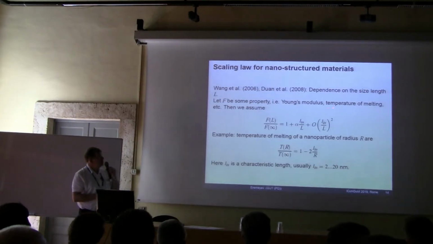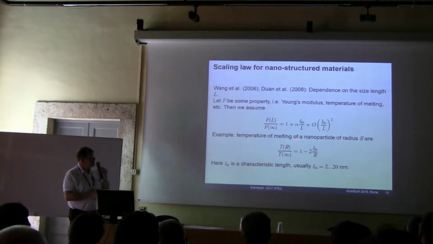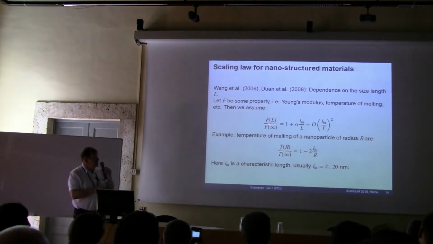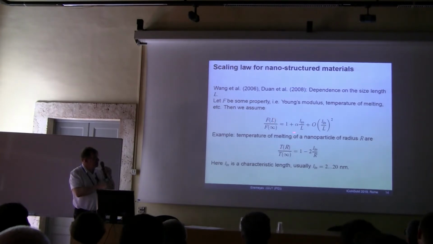Finally, this group suggested a kind of scaling law, which is nothing else but a Fourier series. If you have a macroscopic property which depends on size, for infinity meaning the classical bulk behavior, and we have a specimen of size L, we have a characteristic size which looks like that.